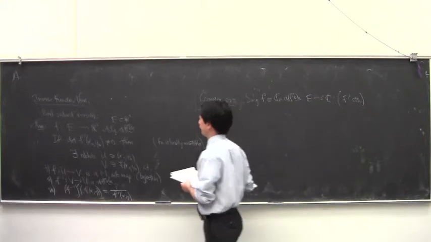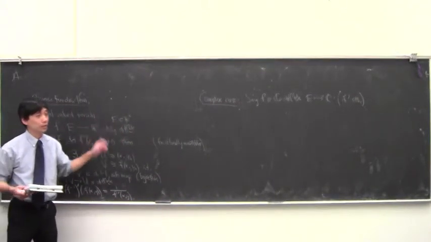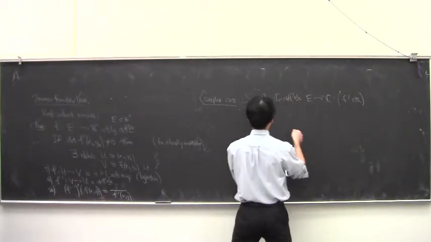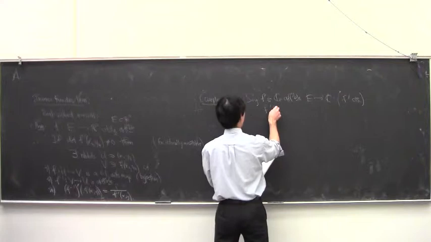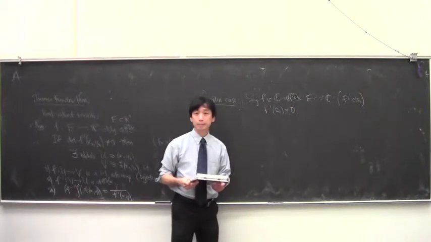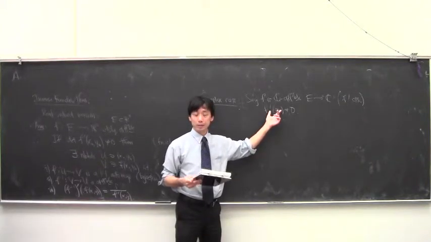We need f prime continuous so that we have this continuously differentiable thing. And say that f prime of z naught is non-zero.